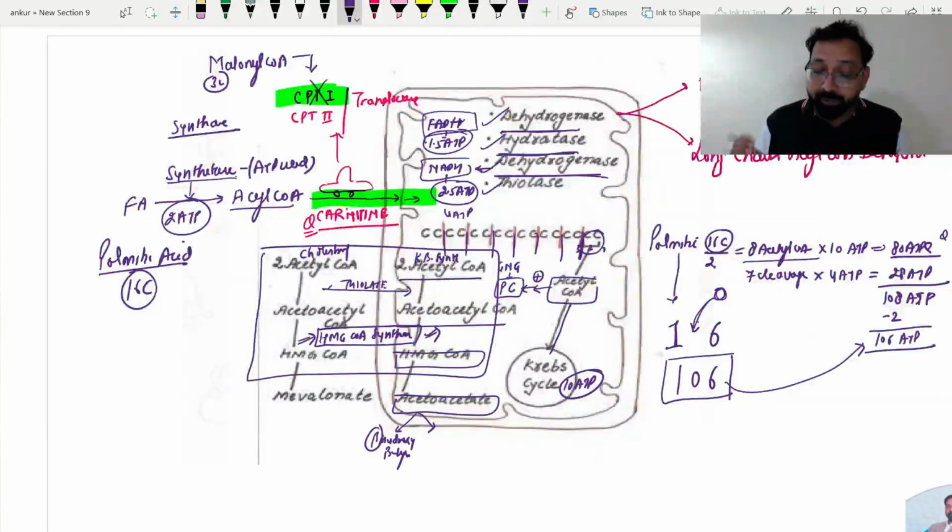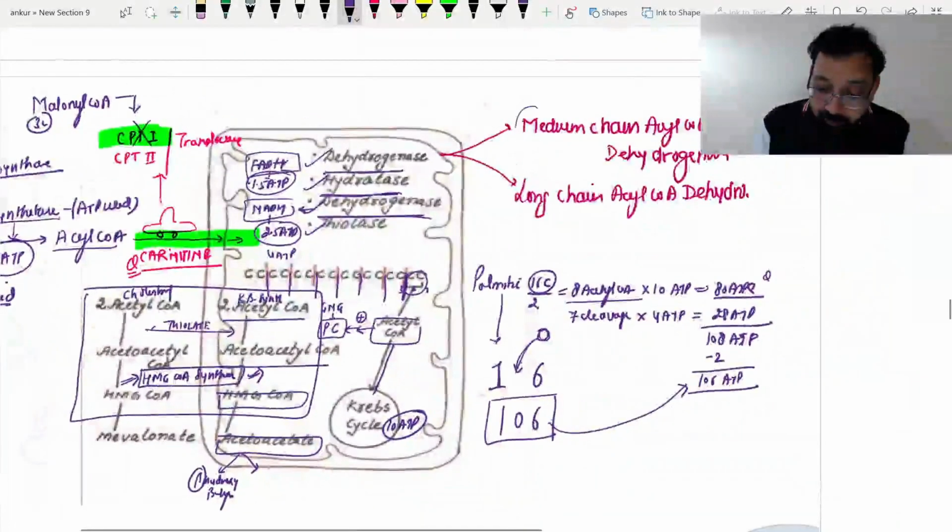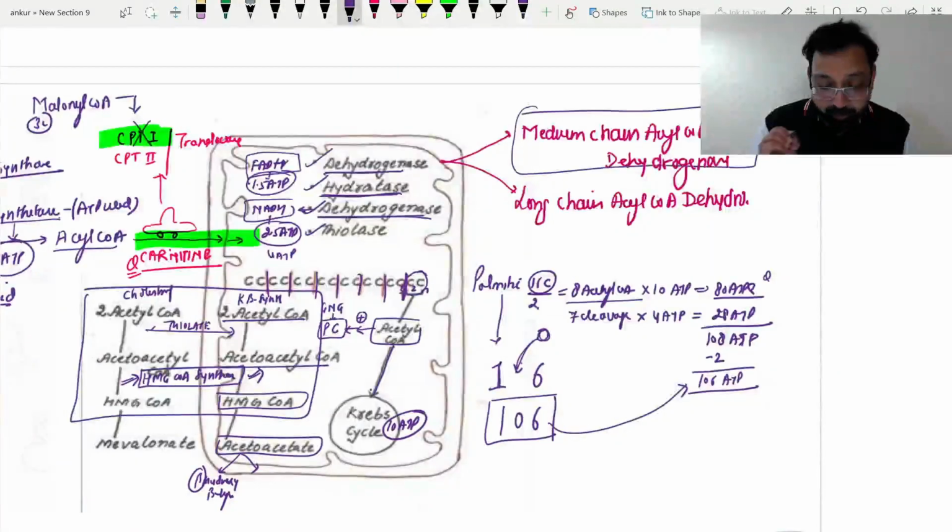Suppose there is an enzyme deficiency, medium chain acyl coenzyme dehydrogenase. What is medium chain acyl coenzyme dehydrogenase? Suppose this is palmitic acid, 16 carbon. The first cut is done by long chain dehydrogenase.